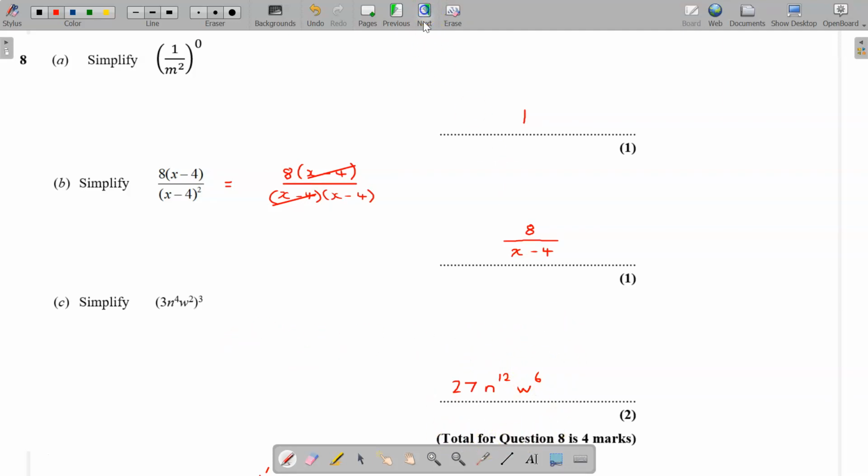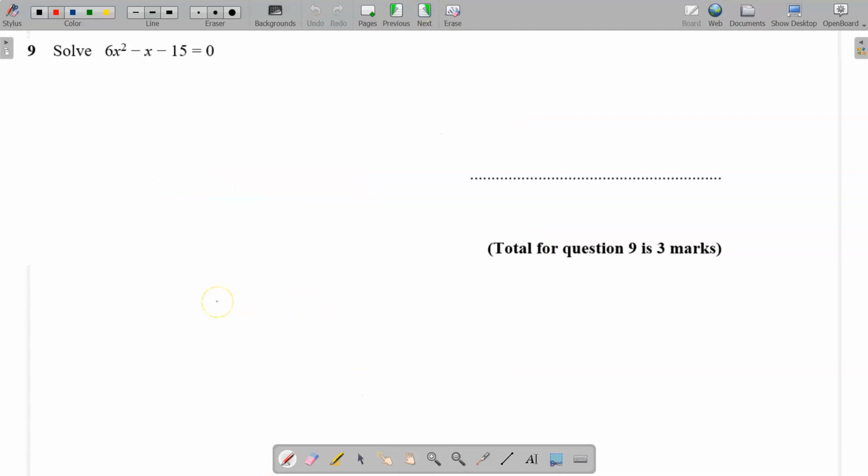Okay, next. This is a quadratic equation, and it's already set up in the form ax squared plus bx plus c. You might be tempted to go straight for the calculator. Well, you can do, and if you do, you've just got to be really careful. I'm going to factorize it because it does, okay?